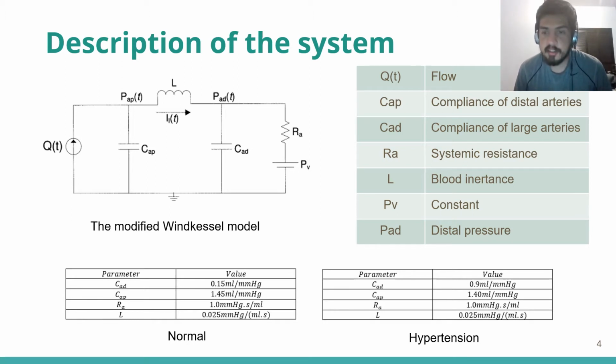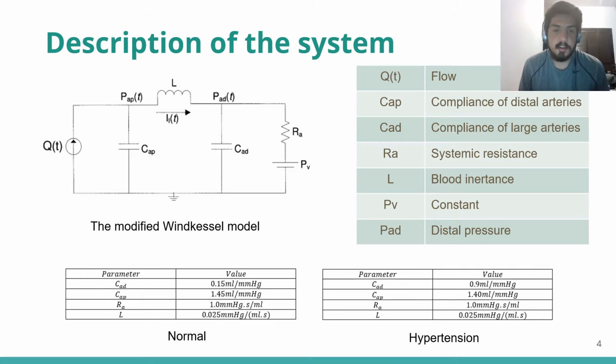RA is the resistance of the system. L is the blood inertance. PV is a constant of the flow of the blood. And PAD is what we want to measure, that is the distal pressure.